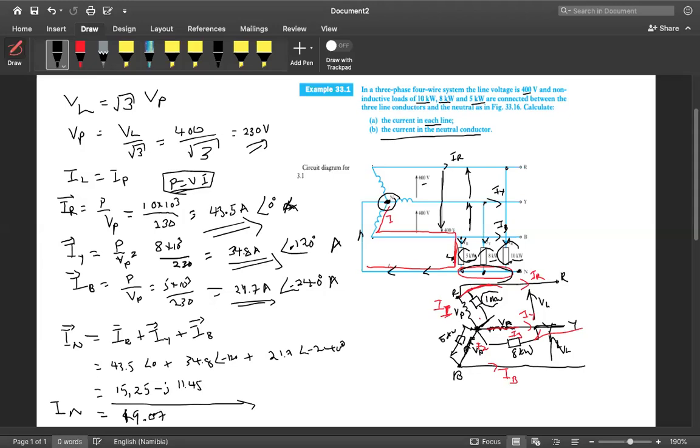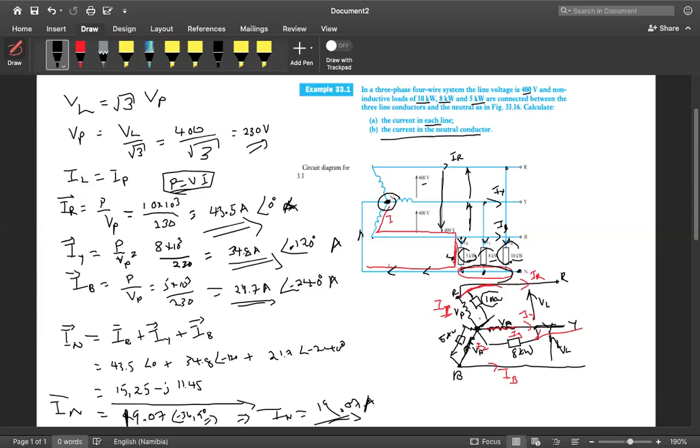So 19.07 at an angle of negative 36.9. This is the current flowing in the line. If you just wanted the magnitude of current IN, since this is a phasor, you just get 19.07, or you can get 18.9 or something close to that. So that's how you're going to solve this one.